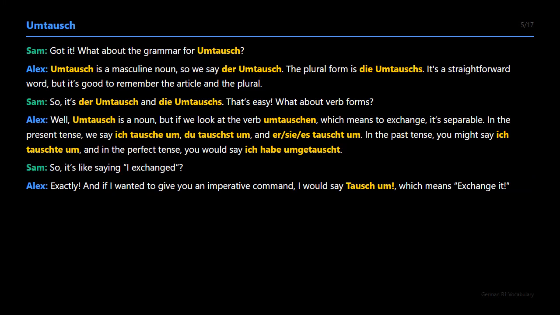In the past tense, you might say, Ich tauschte, and in the perfect tense, you would say, Ich habe umgetauscht. So, it's like saying I exchanged. Exactly. And if I wanted to give you an imperative command, I would say, Tausch, which means exchange it.